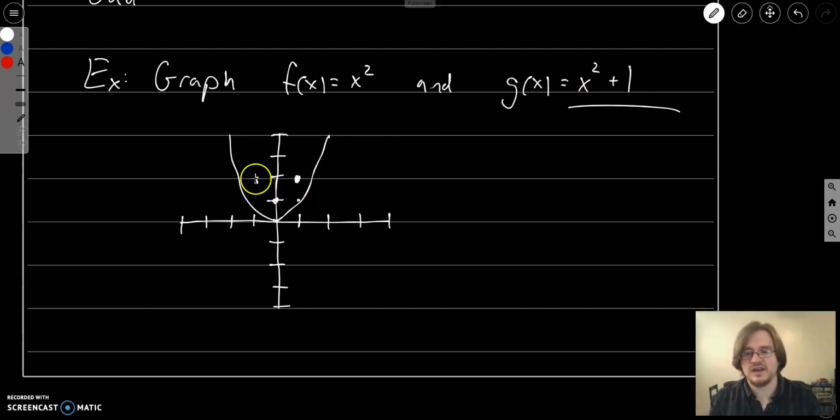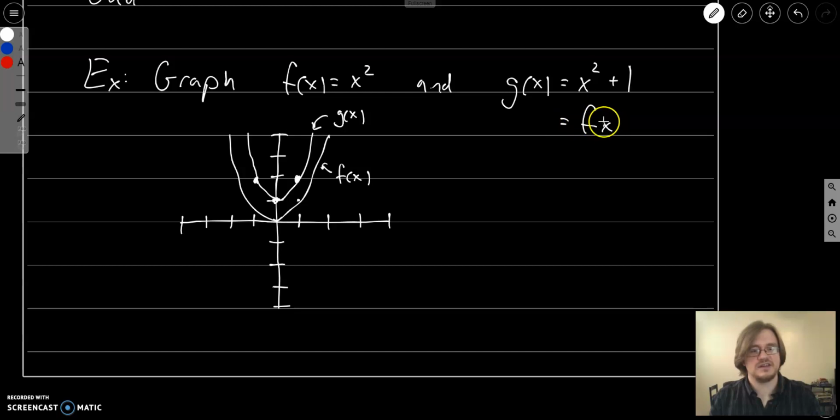And you can kind of get a sense that what we've done is we've shifted the graph up. So if this was our original function, f of x, our new function is going to be shifted up a little bit. So what we'll notice is that g of x is in fact just f of x plus 1. So when you add 1 to a function, it shifts it up 1.